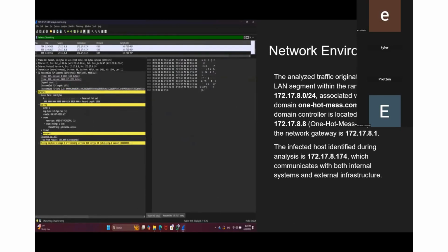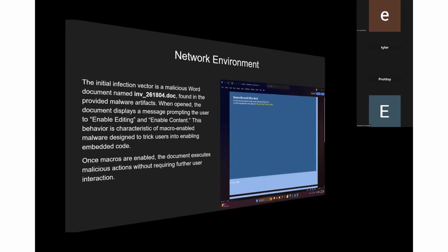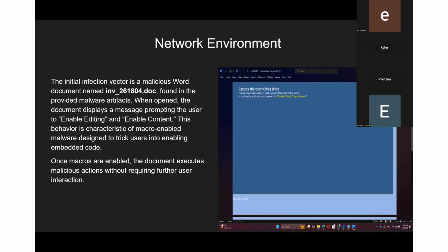The network environment for this LAN segment is within the range 172.17.8.0. The domain controller is one hot mess DC at 172.17.8.8.